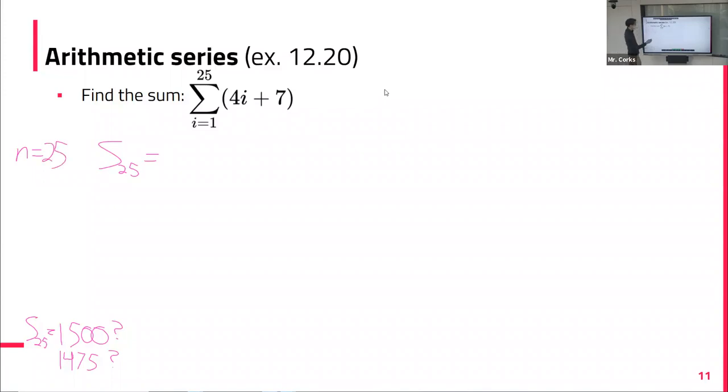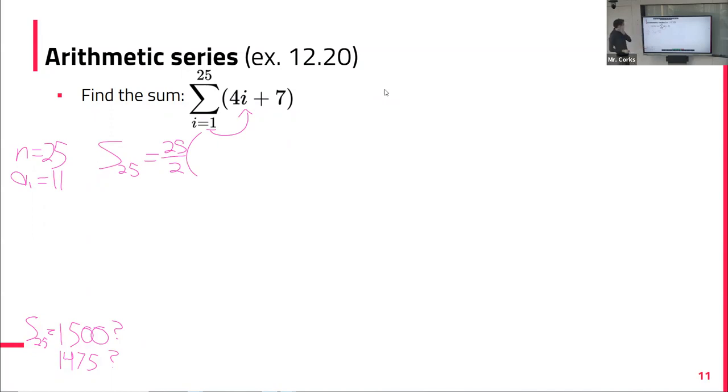What else are we going to need for this formula? Okay, so we could use, what's the first thing that we'll definitely need? All right, so our first term, what is our first term? 11, so just 1 here, 4 times 1 plus 7, 11.